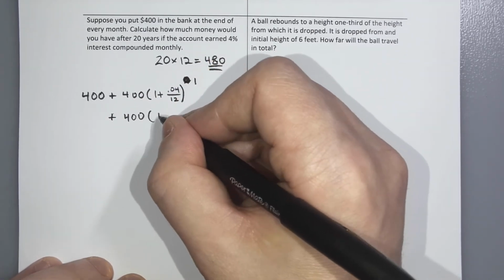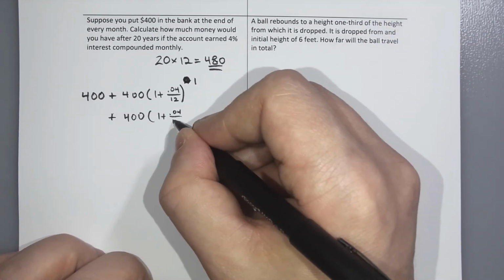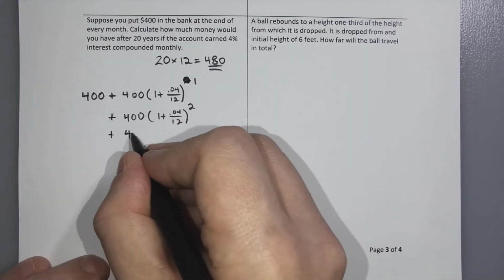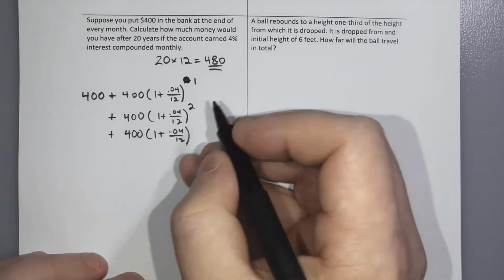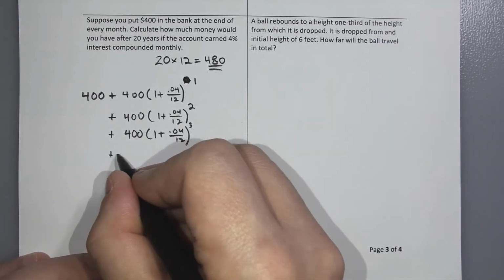Plus, how about the one that was given 2 months from the end? That's 1 plus 0.04 over 12 to the power of 2. How about the one 3 months from the end? 1 plus 0.04 over 12 to the power of 3, etc., etc.